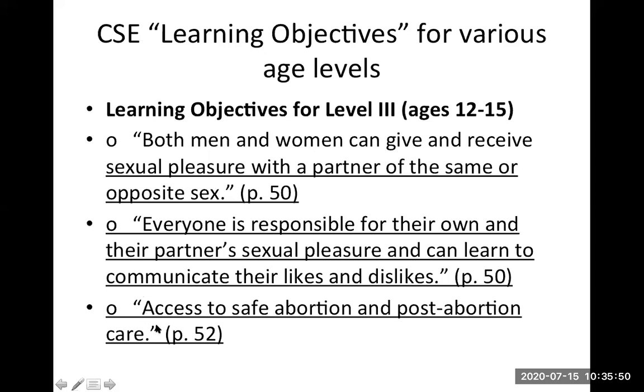Finally, at this age, they're telling them that access to safe abortion and post-abortion care is a right, referring them to clinics. Actually, in the situation we just had of increased teen pregnancies, the mindset of this curriculum would be to increase the provision of abortion services.